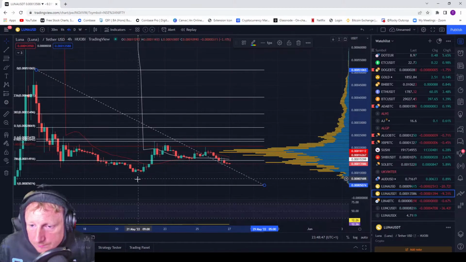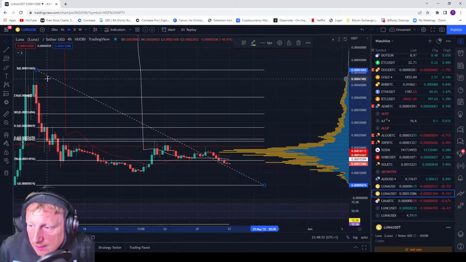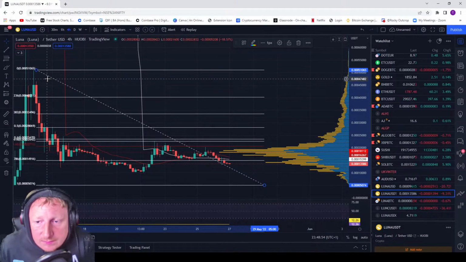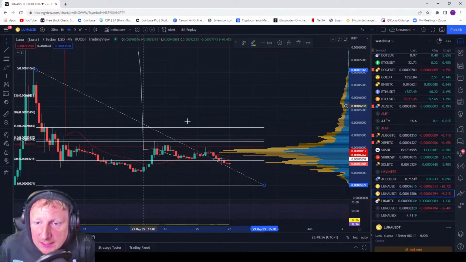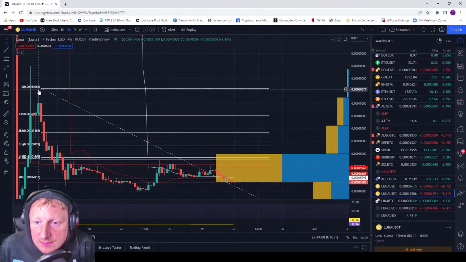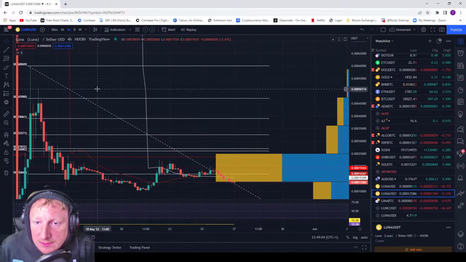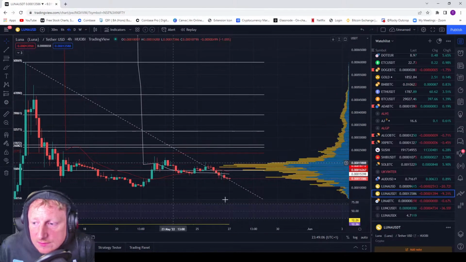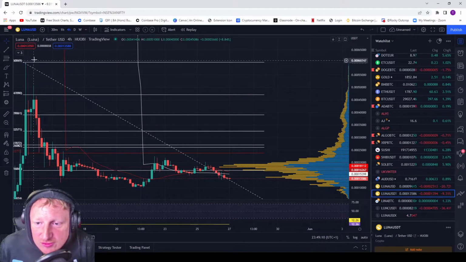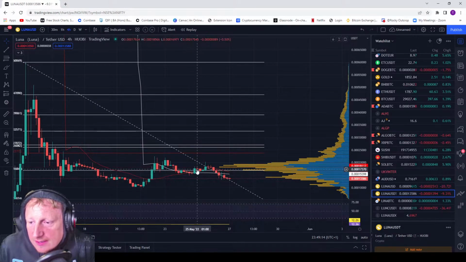There we go. So even though what feels like a complete rug pull, it's not, but what feels like it. In fact, that candle there needs to be taken into consideration if we're going to do this. We need to get rid of that line there for the visible range to work. So even though it feels like this rug pull, we've still got this kind of channel of technical analysis that we can work with.